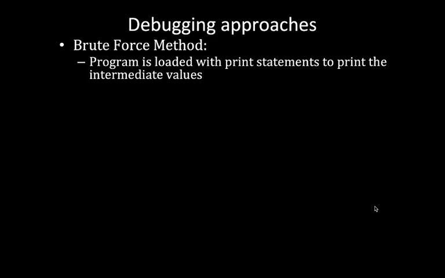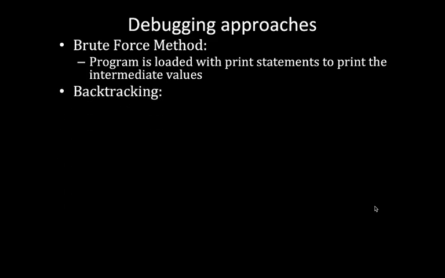We check whether there is some error in the intermediate values. If there is some error in those intermediate values, we can stop there and say that there is some state error in the statement. In this way we can perform the brute force method.